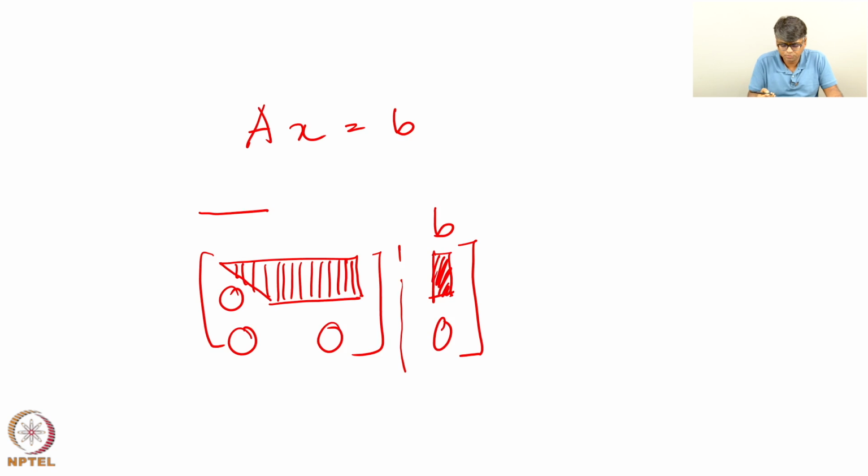If and only if this is what happens. The solution doesn't exist if there is some star appearing here, some non-zero entry appearing here, which changes the rank of A augmented with b from the rank of A, and there no solution exists essentially because we are having absurd equations, 0 not equal to 0, because of this part.